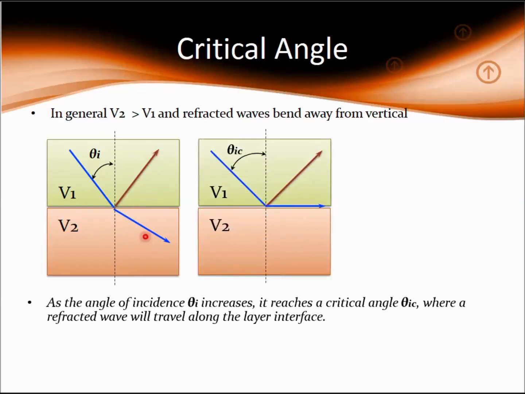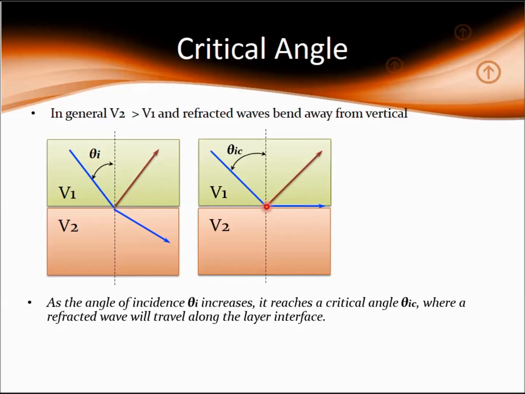However, as the incident angle increases and reaches the critical incident angle, the ray will travel along the interface of v2. This is known as the head wave, and it also will produce the reflected wave.